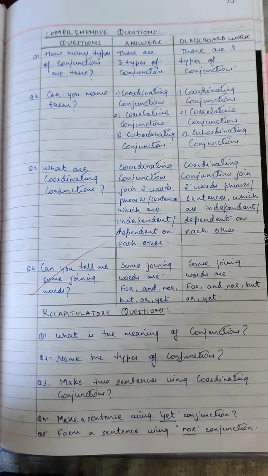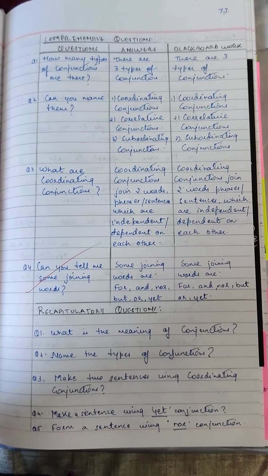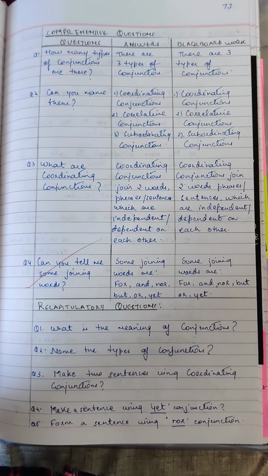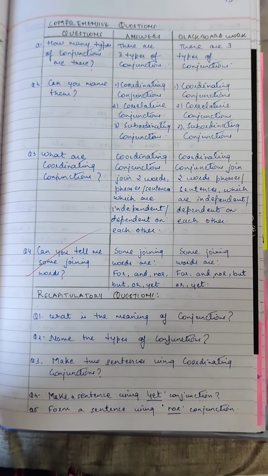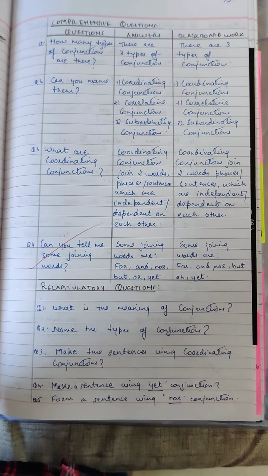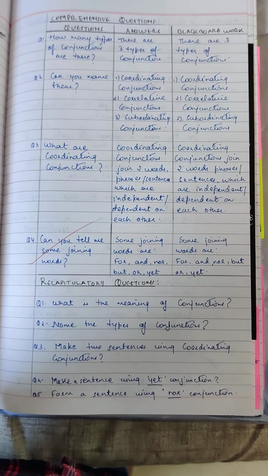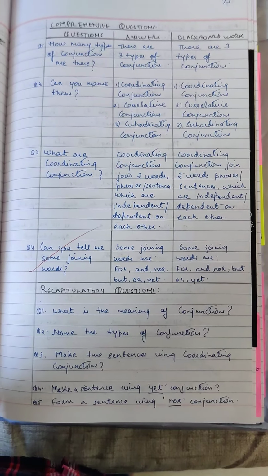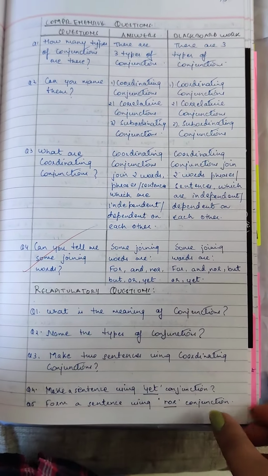Then comes the comprehensive questions, and after the second unit comes the recapitulatory questions, where you can ask questions like what is the meaning of conjunctions, name the type of conjunctions, make 2 sentences using coordinating conjunctions.